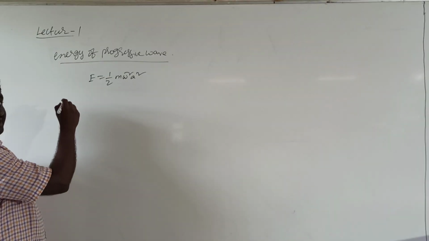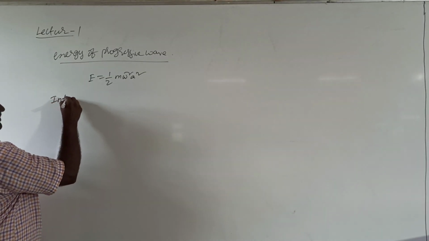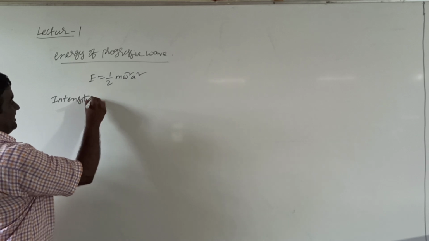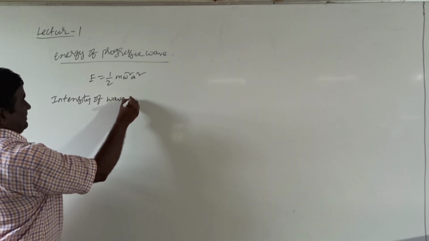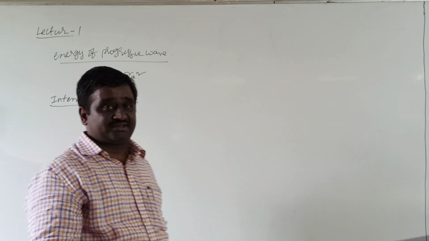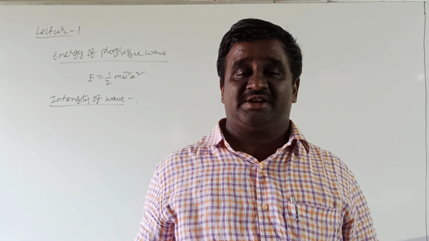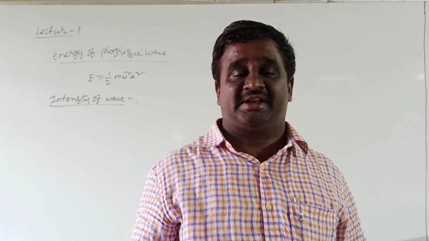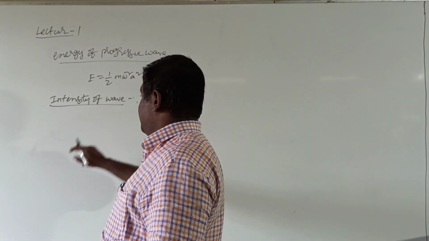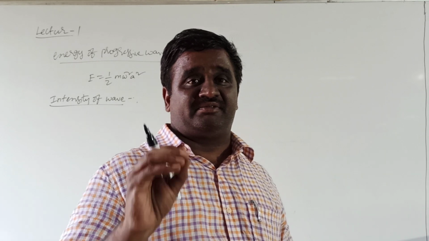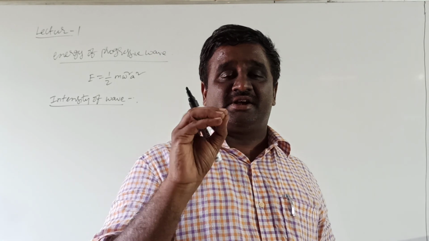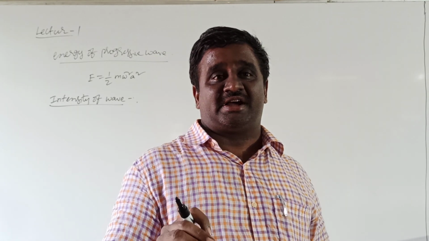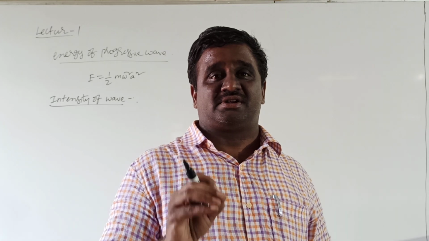Now we discuss the intensity. Intensity of a wave is defined as the rate of transfer of energy per unit area perpendicular to the direction of propagation of the wave.